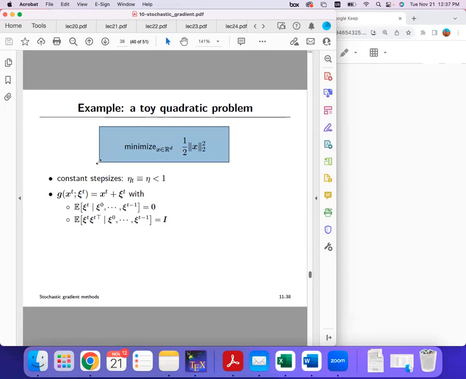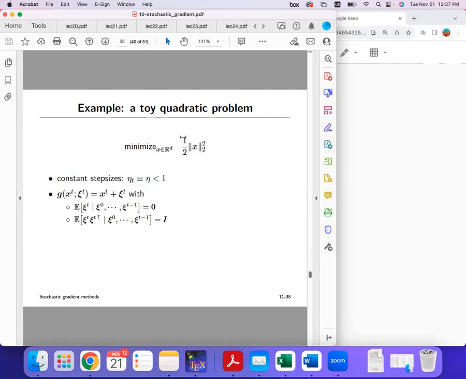So it's a well-conditioned, very simple problem. And we consider implementing stochastic gradient descent with a constant step size. Let's set the step size to be a constant eta. And then the stochastic gradient we use is the following one.